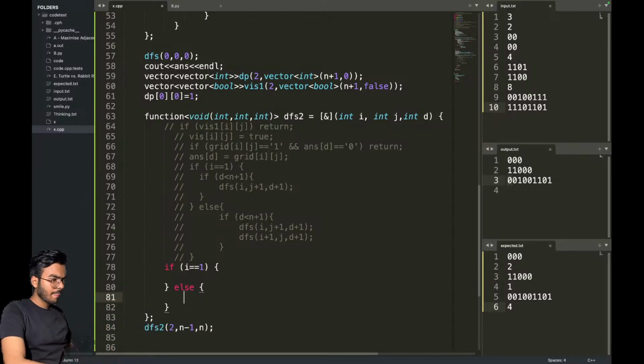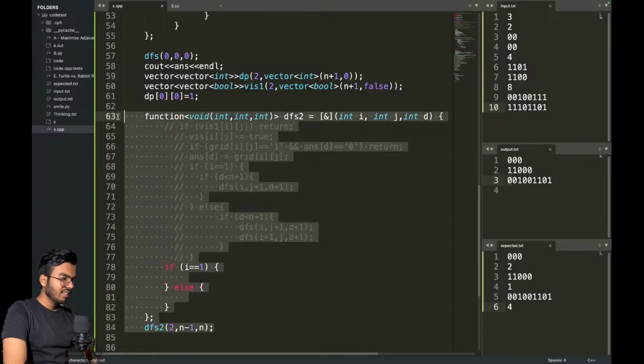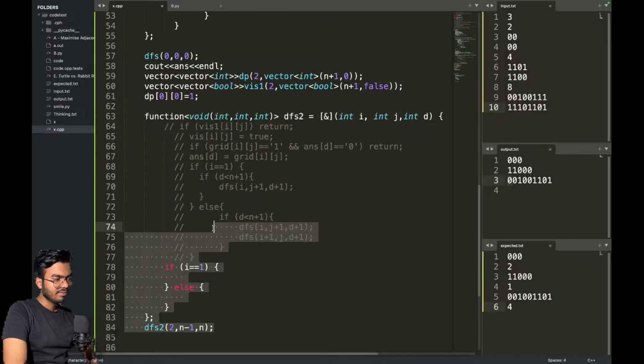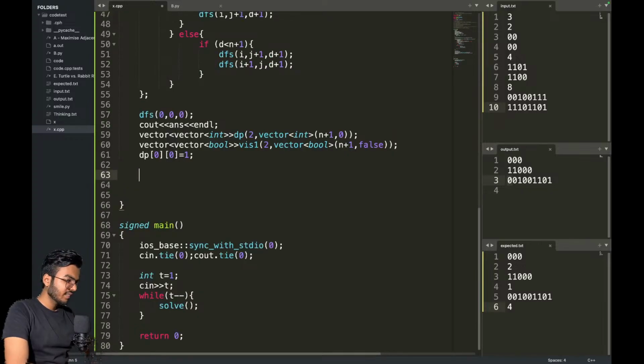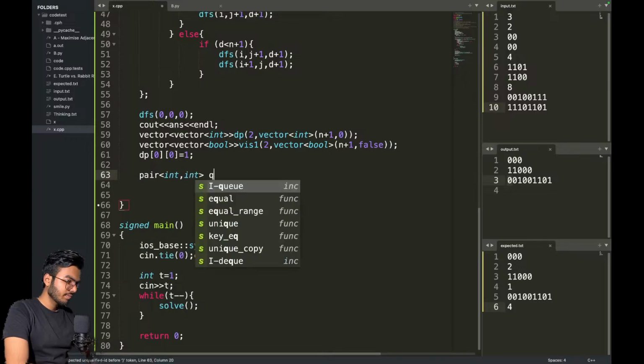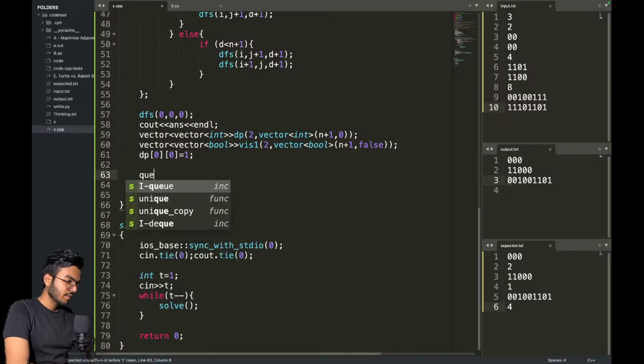But now, should I write an iterative one? I want to do a breadth first search like that in this. So let's go for a queue instead.